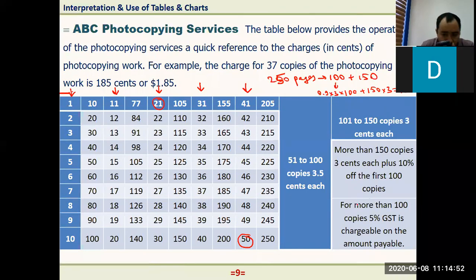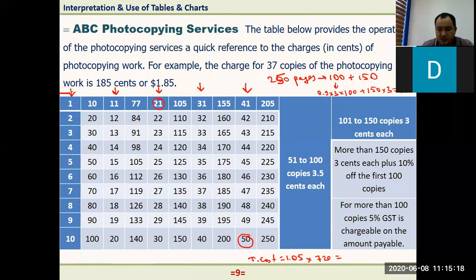So it says that more than 100 copies, 5% GST is chargeable on the amount payable. So this is the amount we are going to pay, right? That's the amount payable. So what we have to pay for this will be the total cost. 5% means it is 1.05 times 720, right?